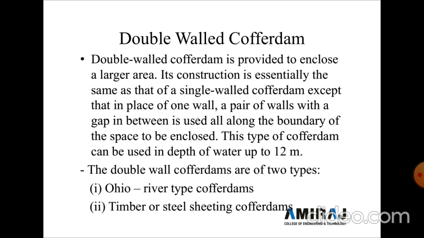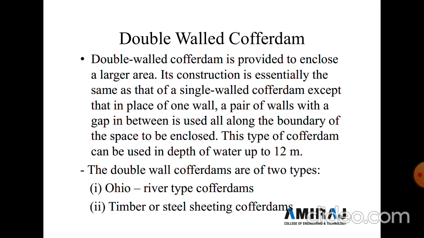Now next is a double wall cofferdam. A double wall cofferdam is provided to enclose a large area. Its construction is essentially the same as that of a single wall cofferdam, except that instead of one wall, a pair of walls with a gap in between is used all along the boundary of the space to be enclosed, and this type of cofferdam can be used in a depth of water up to 12 meters.